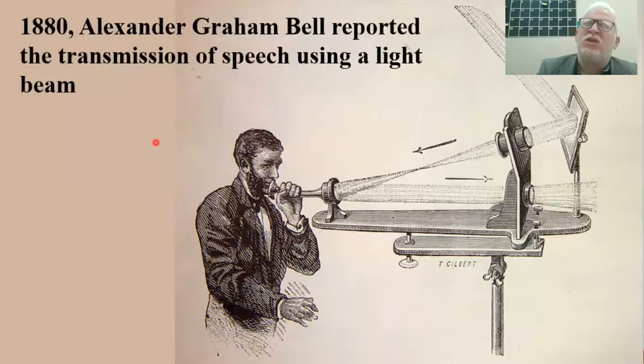Actually, the story started about 140 years ago with a very famous scientist called Alexander Graham Bell. Alexander Graham Bell was the first one who used an optical signal to carry a message.